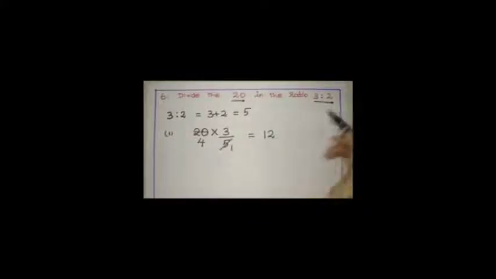Now let's find for the 2 parts. So you have to write the number 20 and the part 2 by total parts 5. So again I can cancel 1, 4 times 4 2s are 8.